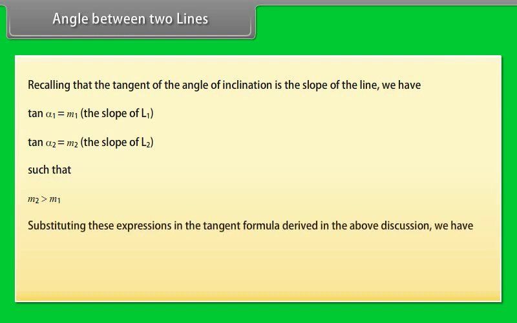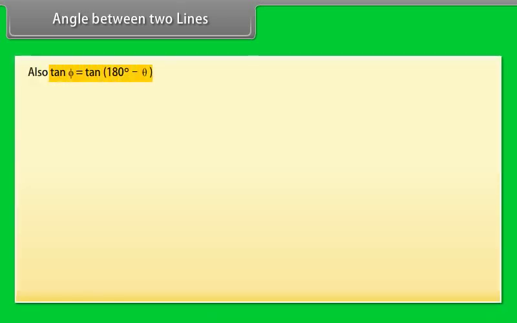Substituting these expressions in the tangent formula derived in the above discussion, we have tan phi is equal to (m2 minus m1) divided by (1 plus m1 m2). Also, tan phi is equal to tan of (180 degrees minus theta), which is equal to minus tan theta, which is equal to minus (m2 minus m1) divided by (1 plus m1 m2), as 1 plus m1 m2 is not equal to 0.